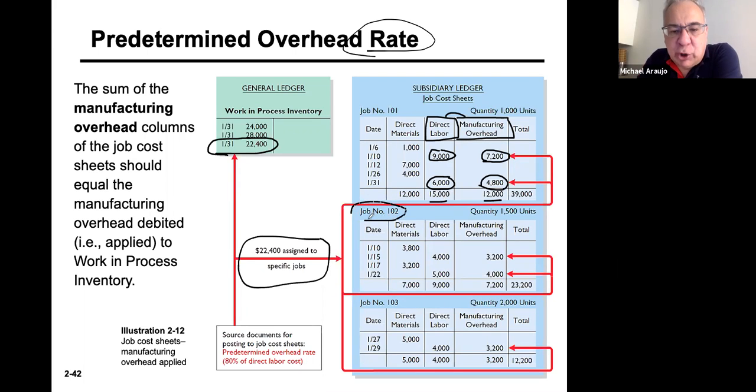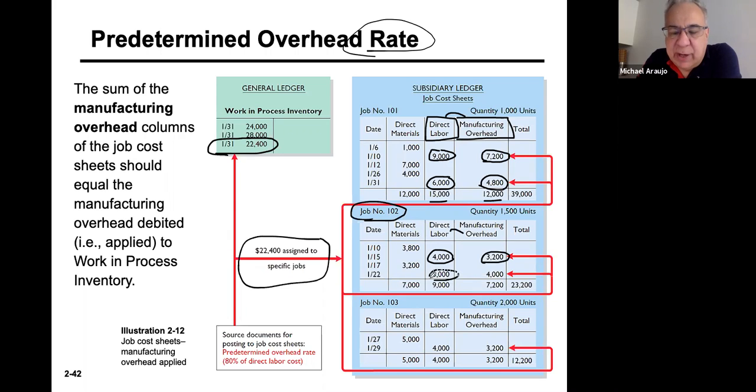So for job 102, as you see, same thing, manufacturing overhead is 80% of the direct labor costs. So if on the 15th we did $4,000 worth of direct labor for job 102, 80% of that would be allocated to manufacturing overhead on the same day, because the predetermined overhead rate dictates, in this case, 80% of our labor costs are how we allocate manufacturing overhead.